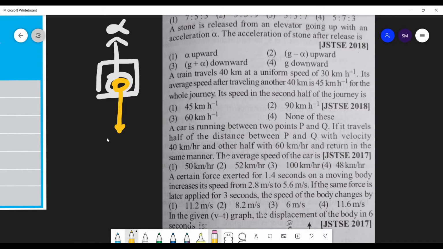So what is the acceleration of this stone after the release? What will be the acceleration after it is released?